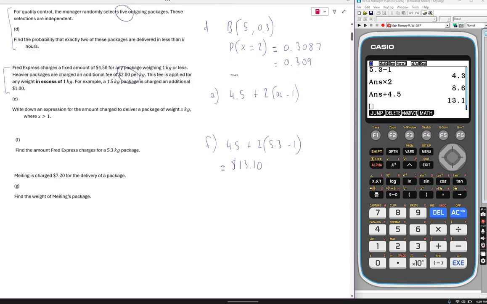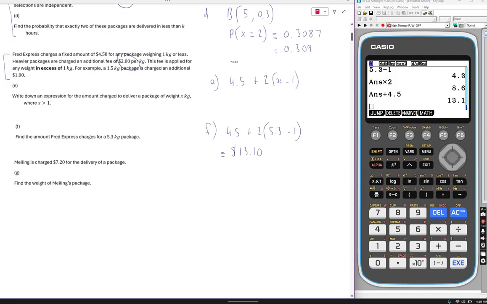And then for part G, it says mailing is charged $7.20 for the delivery of a package. Find the weight of mailing's package. So for G, we have $4.50 plus 2 outside of X minus 1, and all of that equals $7.20. So all we need to do is rearrange this and get X by itself.